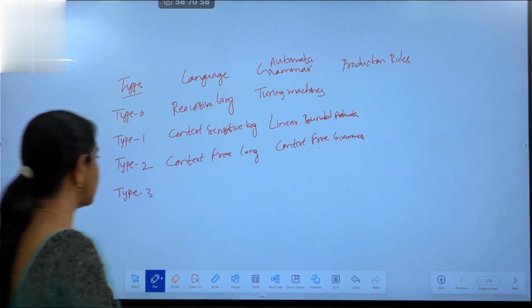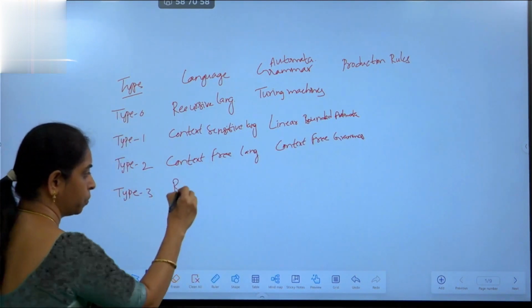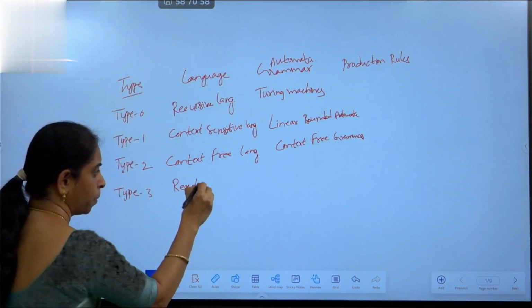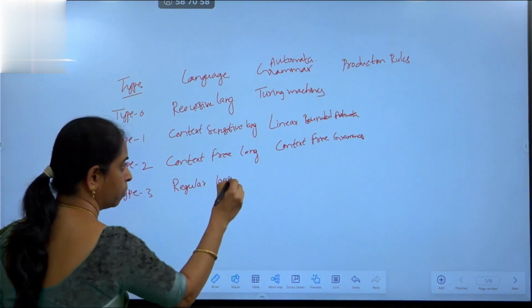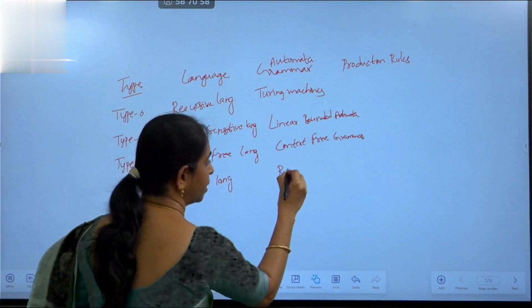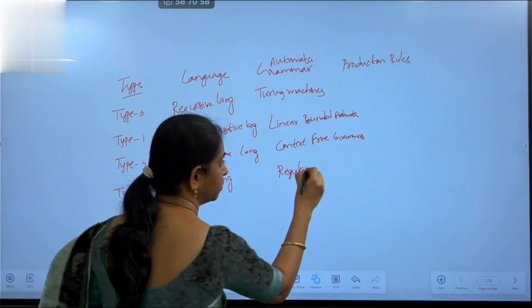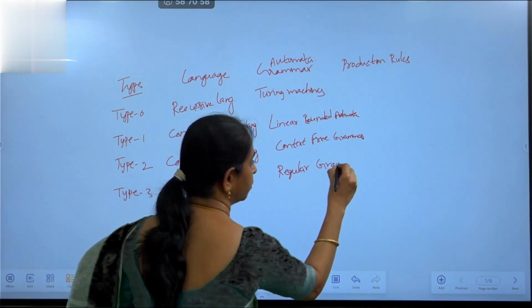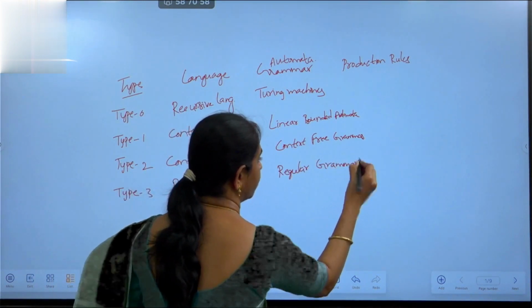The last one is the regular language, and the grammar we use is regular grammar. So all these are the Chomsky rules.